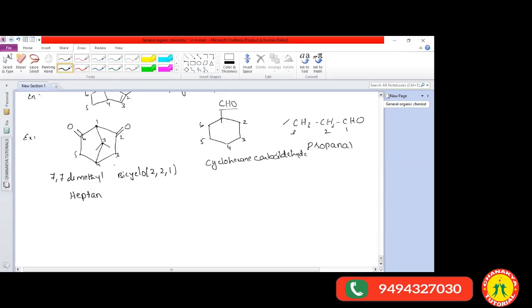Then the position of the ketone functional groups. What is the position of the ketone functional groups? 2, 6. So 2,6-dione. This is the IUPAC name of the given compound. Now you got the clarity.